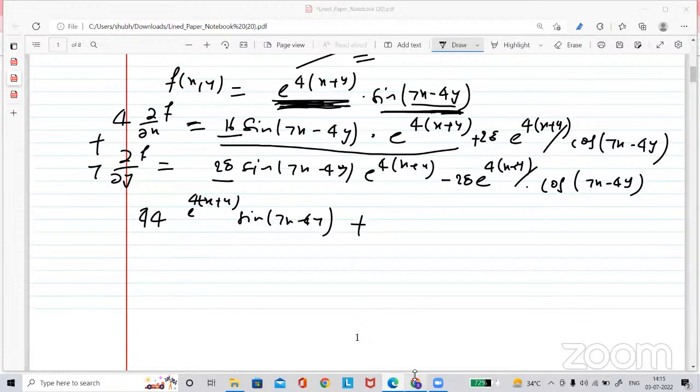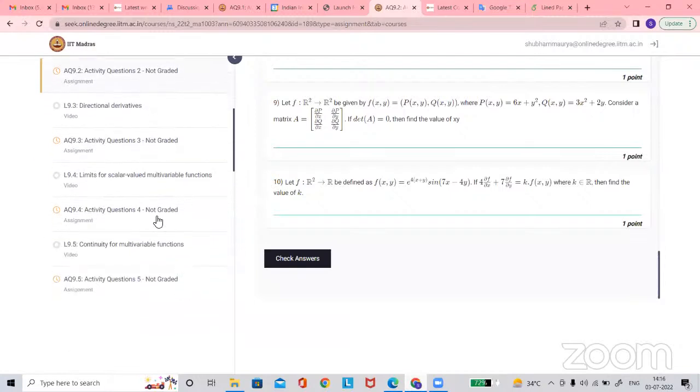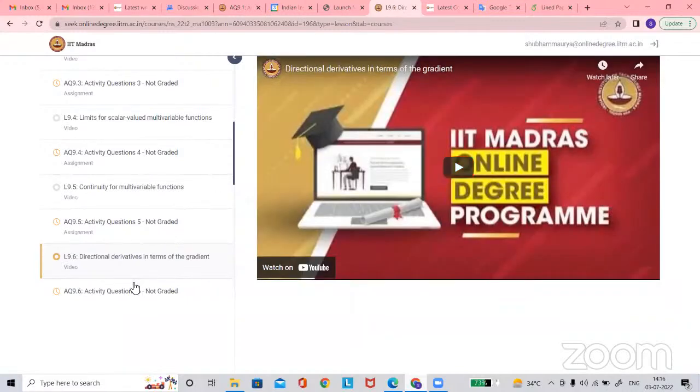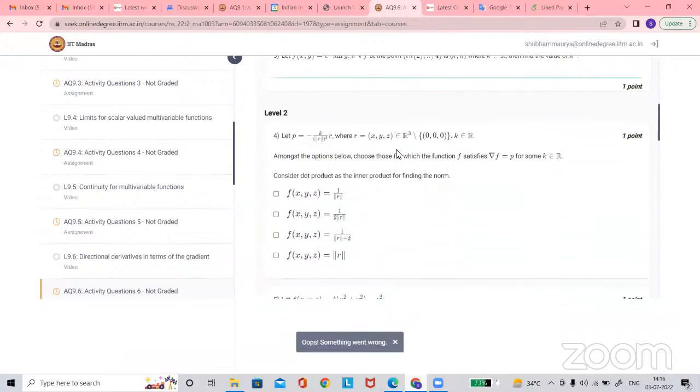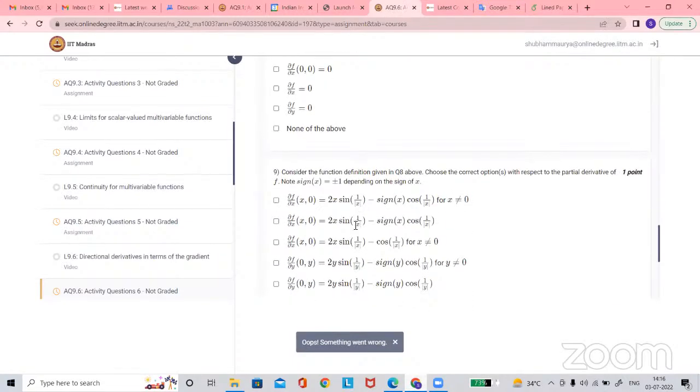Reviewing that. Okay. Sir, I have a doubt in 9.6, question number 9. Okay, gradient. Actually, 8 and 9 are connected, sir.